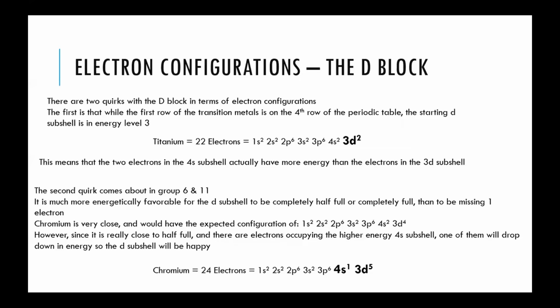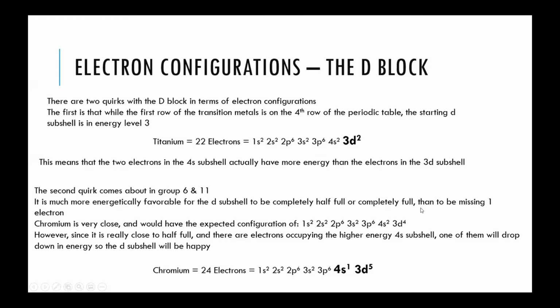The same would be true with copper, except instead of starting off with, in theory, a 4, it would be a 9, very, very close to being completely filled. And so one of these high energy electrons could drop back down and fill in that gap.